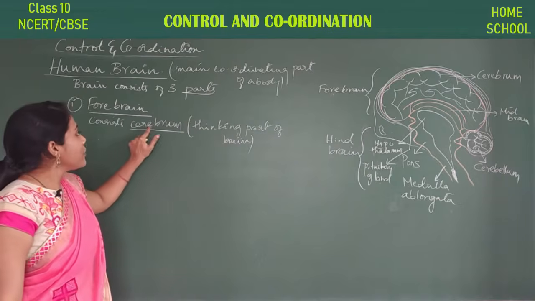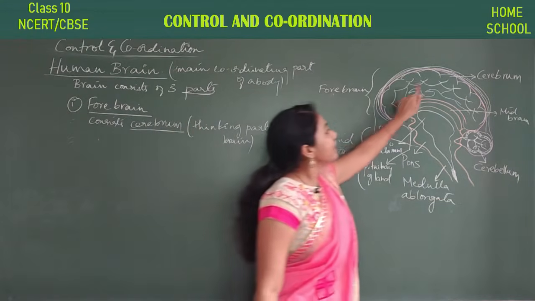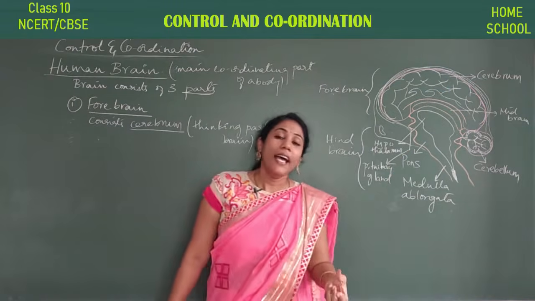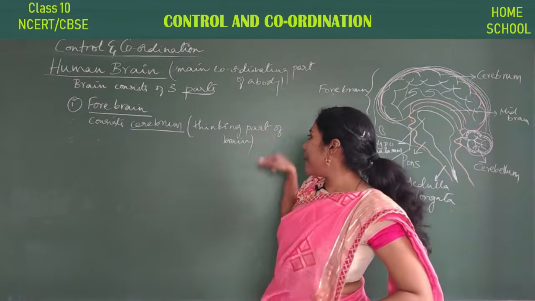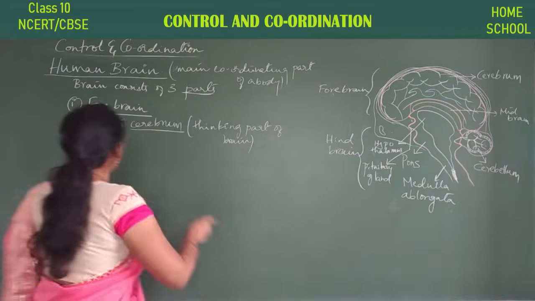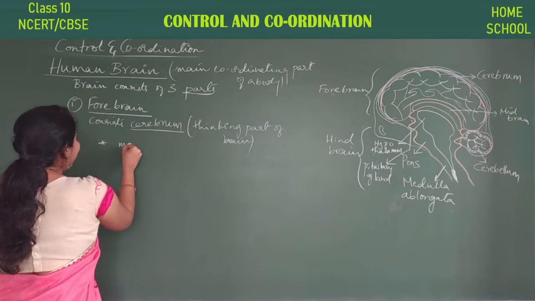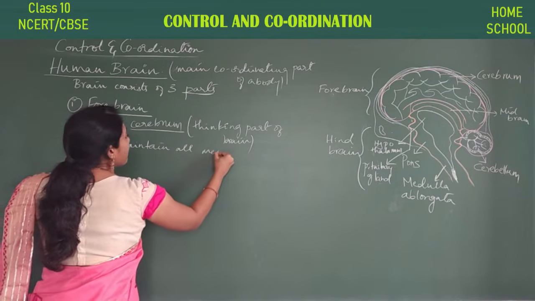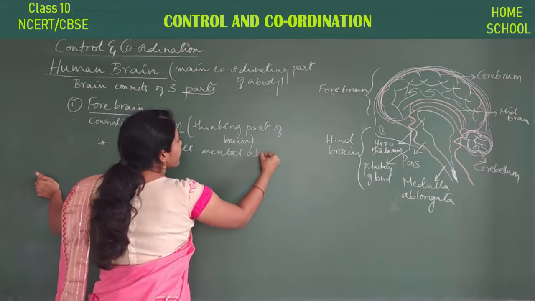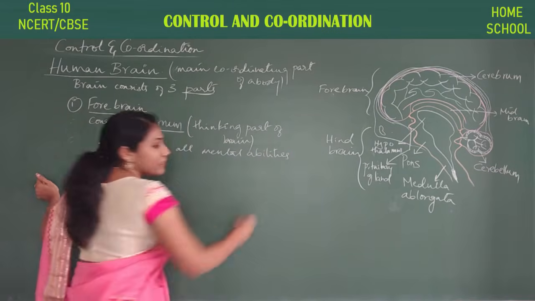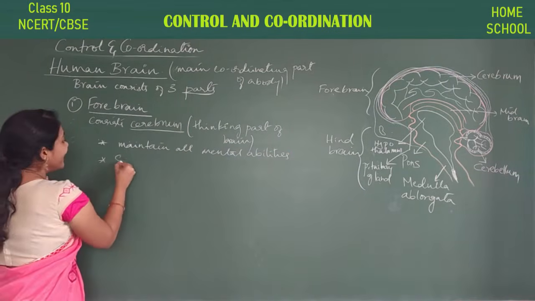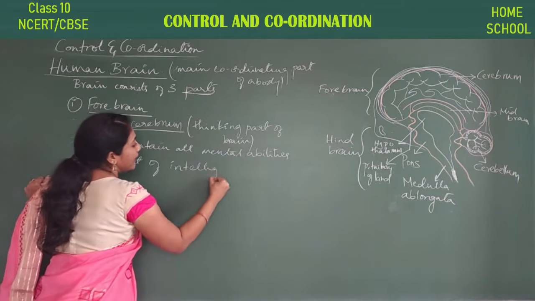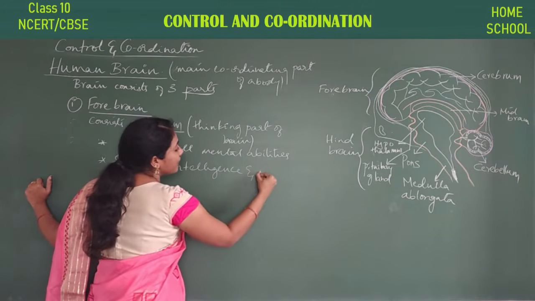The forebrain consists of the cerebrum, this curvy thing, the biggest part of the brain, and the cerebrum is the thinking part of the brain. It maintains all mental abilities, and it is the seat of intelligence and memory.